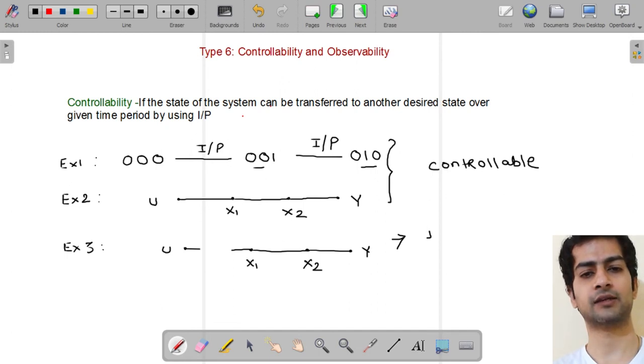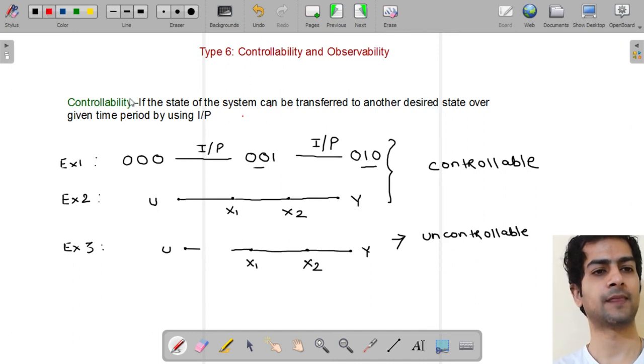So we generally use the term uncontrollable. So I will write it that uncontrollable. So now you can see the definition and you will understand it.